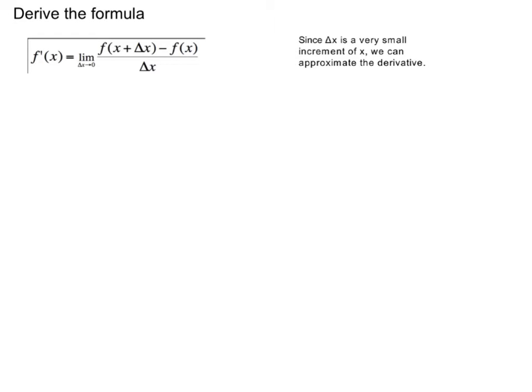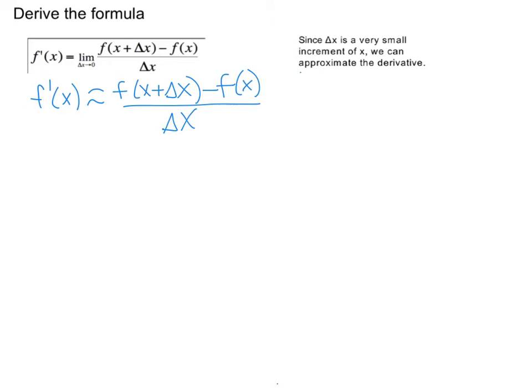What we want to do is rearrange it a bit and say that if we approximate it, f prime of x is close to the difference quotient, the closer that we get. So we have f of x plus delta x. Notice that we're just taking off the limit. We're not doing an exact definition, we're doing more of an approximation.